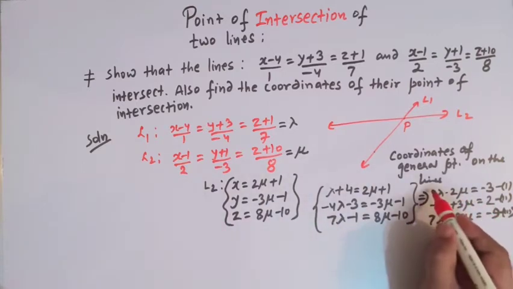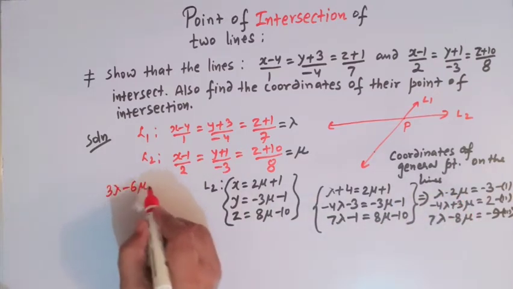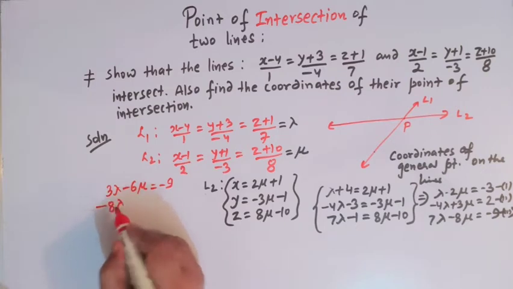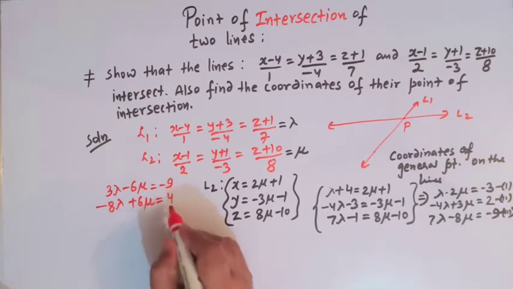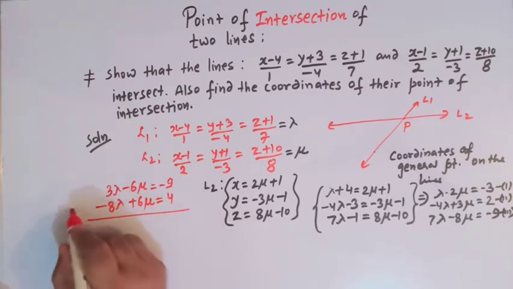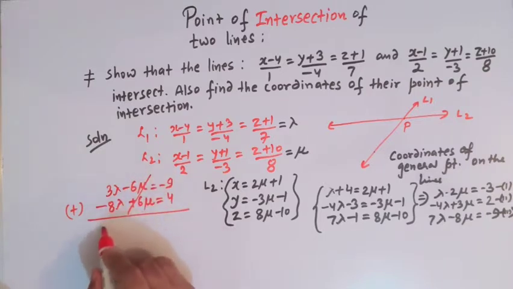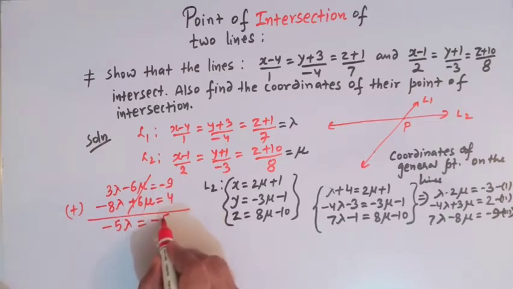So multiplying it by 3, we have 3 lambda minus 6 mu equal to minus 9, and here we will multiply equation 2 by 2. 2 4s are 8 lambda, 2 3s are 6 mu is equal to 2 2s are 4. Now if we add these two equations, the mu terms get cancelled, and we have minus 5 lambda equal to minus 9 plus 4, that is minus 5, and lambda is equal to 1.